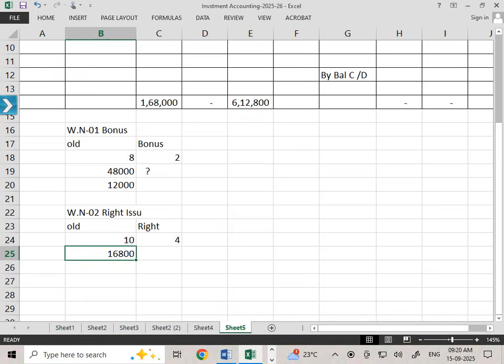So he got bonus also, no? The bonus will also be calculated for the right issue. So the calculation is: 6,000 multiplied by 4 divided by 10, so 2,400 shares.